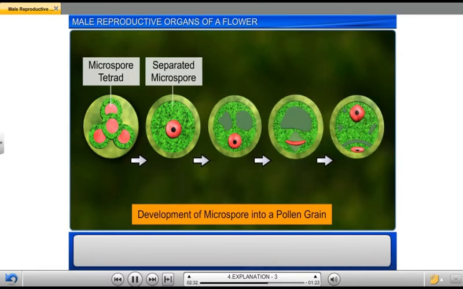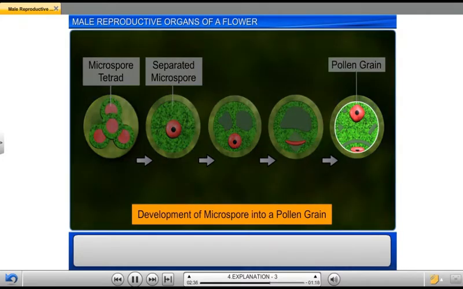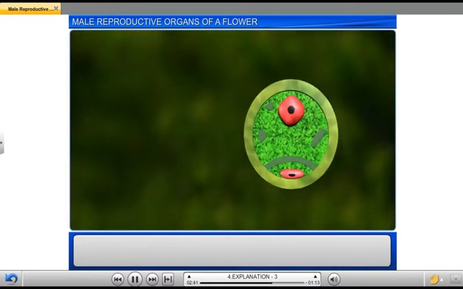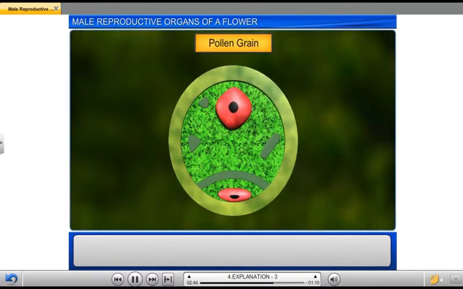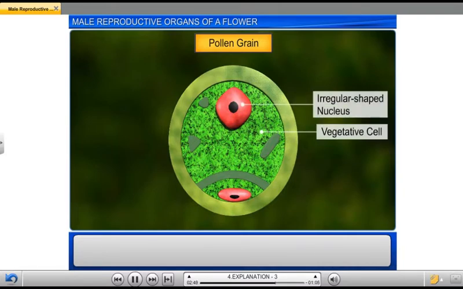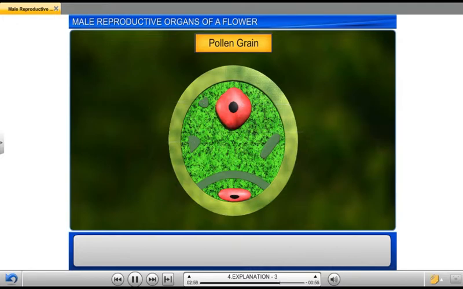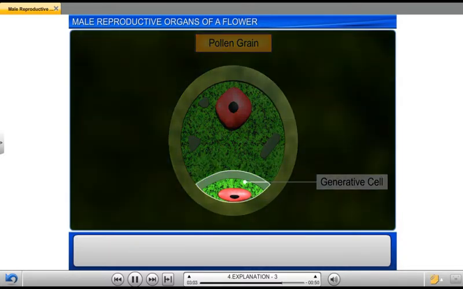Thus, the anther contains thousands of pollen grains which undergo mitosis to form two unequal cells. The larger cell, known as the vegetative cell, is characterized by a large, irregular-shaped nucleus, vacuoles, and abundant food reserves. While the smaller cell, known as the generative cell, is distinctly spindle-shaped and possesses dense cytoplasm.